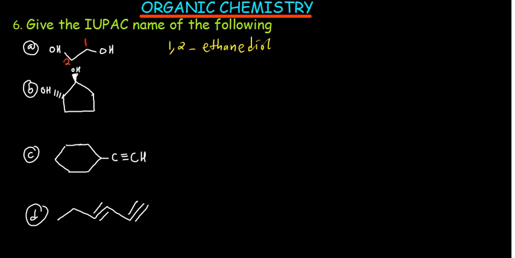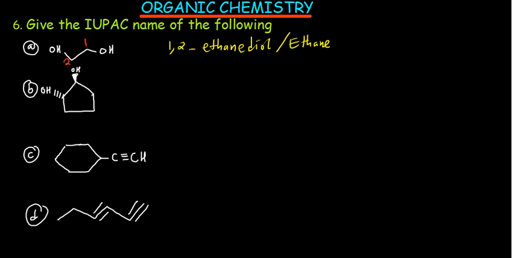So that is one thing that we need to realize there. Now, if we didn't want to write it in this way, we could have also said ethane, I'll just write ethane like that.